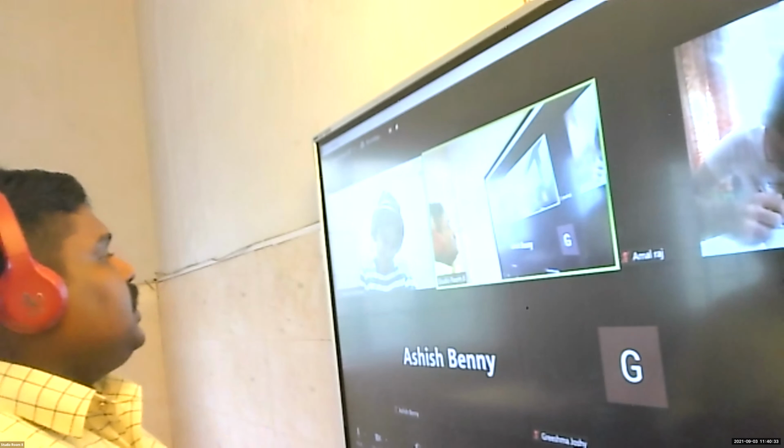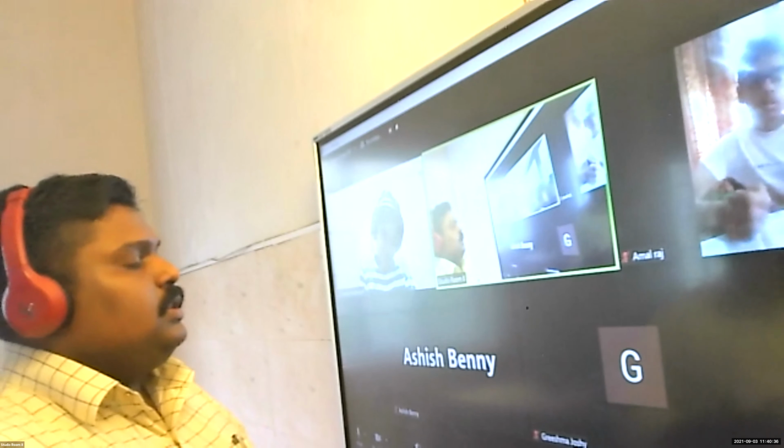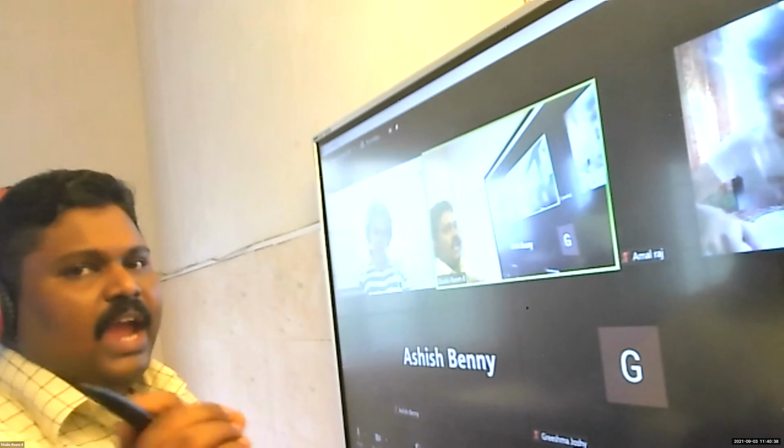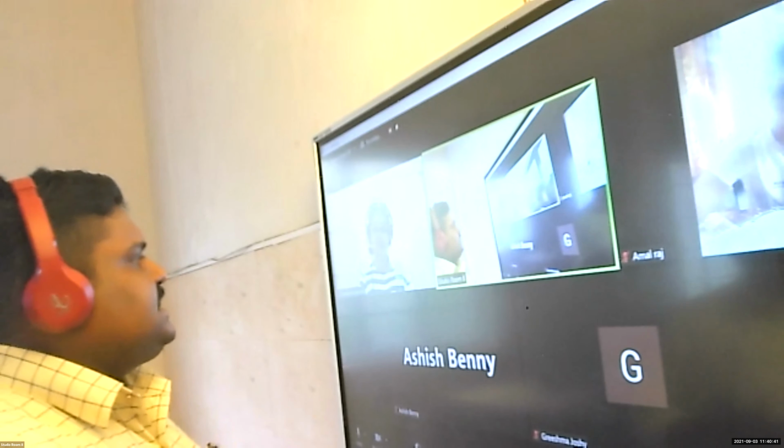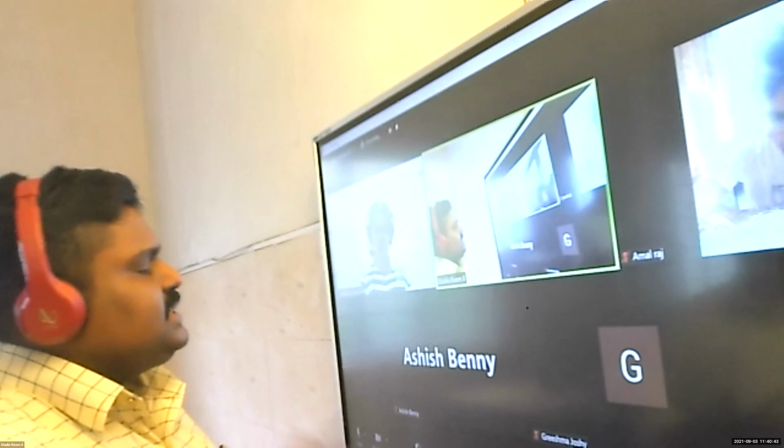So, related with the reforms of United Nations, the name is Kofi Annan, the Secretary General of United Nations at that time.